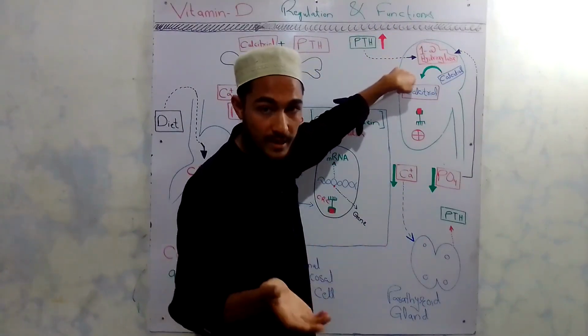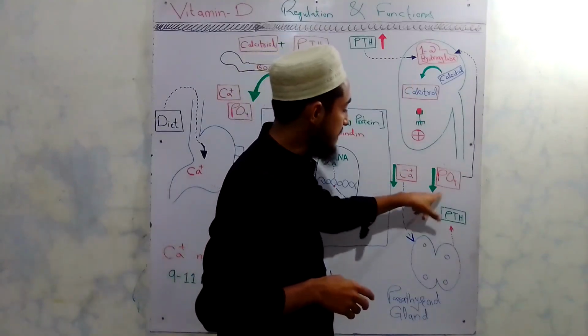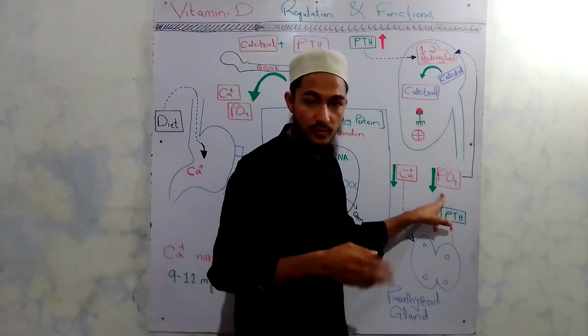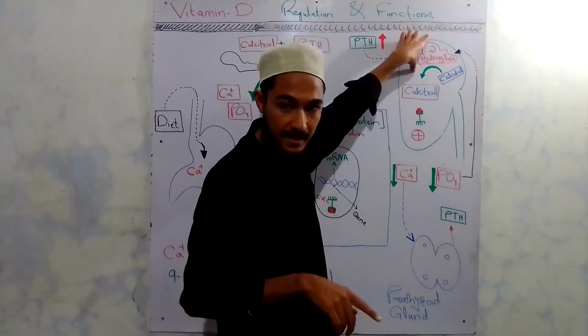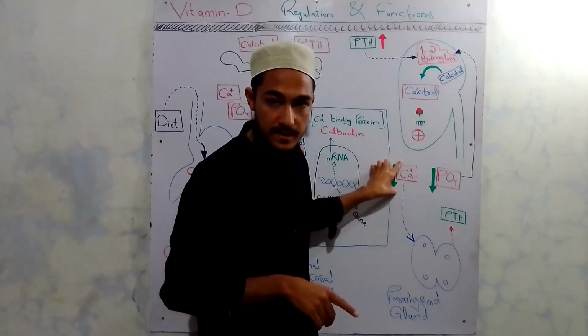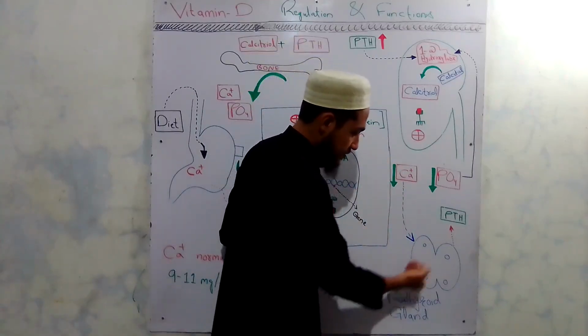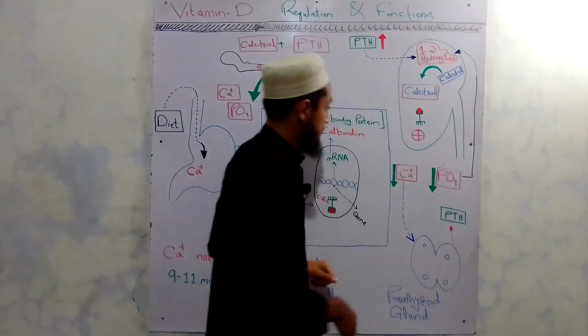It means that more calcitriols will be formed. So phosphate stimulates 1-alpha hydroxylase directly, whereas calcium stimulates 1-alpha hydroxylase indirectly by the activation of the parathyroid gland to release PTH.